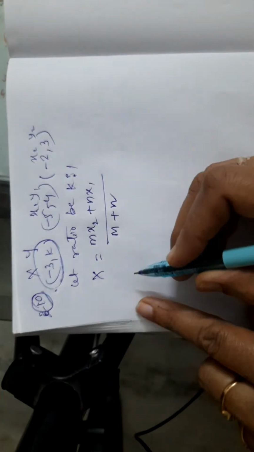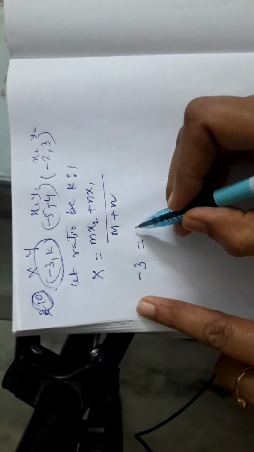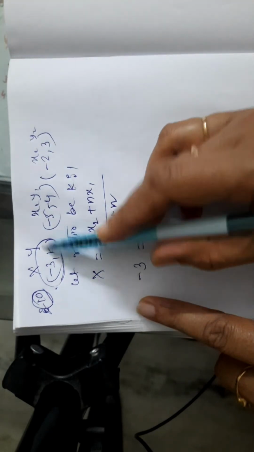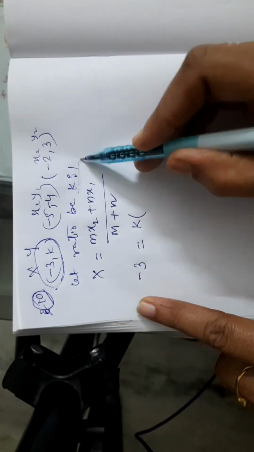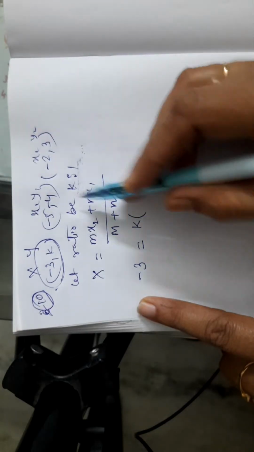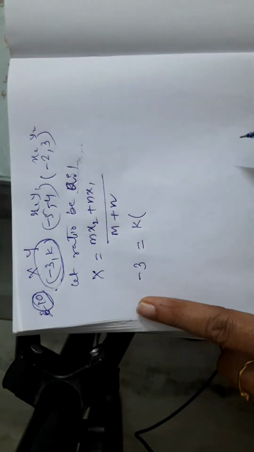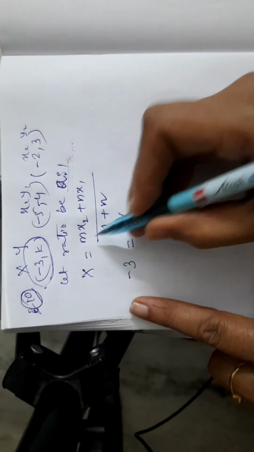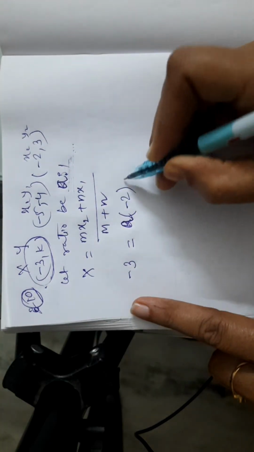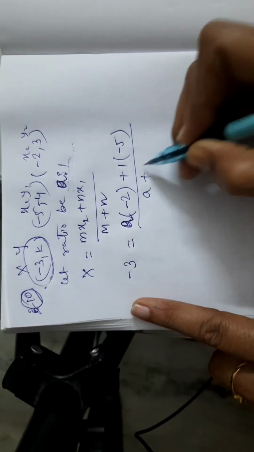Let's put in all the values. Capital X replaced by -3. Already here in the equation K is given, so we should not take the ratio as K ratio 1, to avoid confusion. You can take it like lambda, or let the ratio be A ratio 1. So m is A, x2 is -2, n is 1, x1 is -5, over A plus 1.